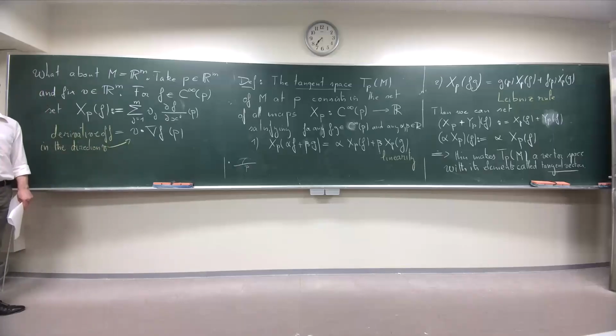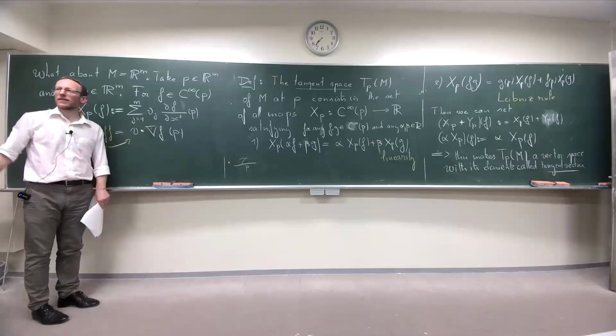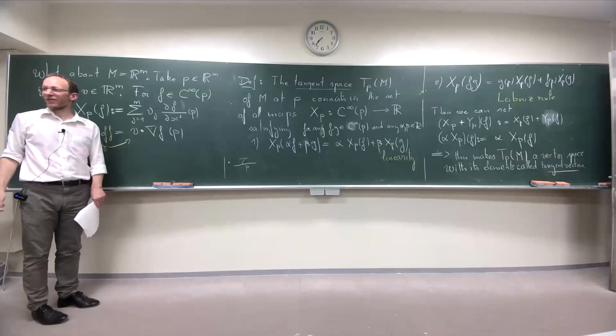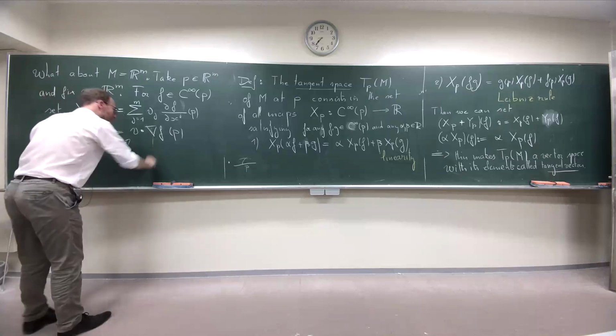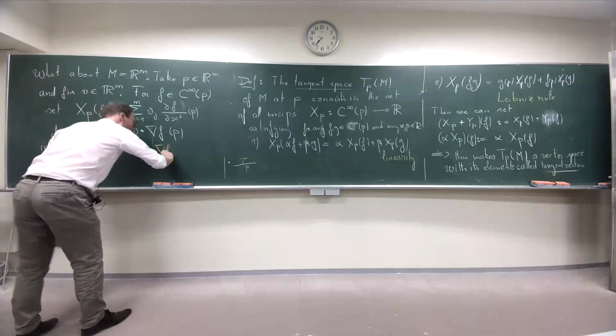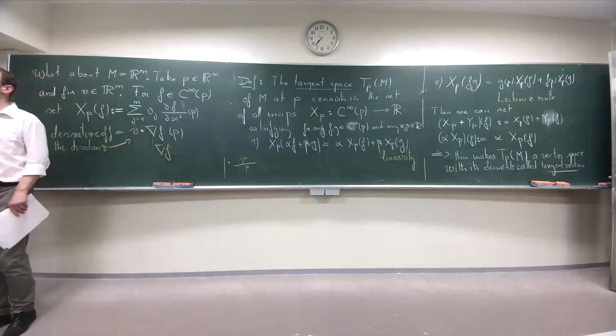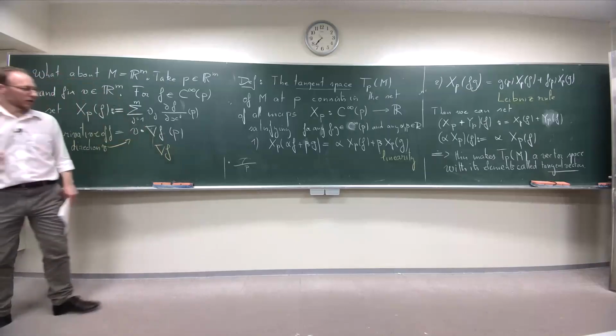Have you seen this already or not yet? Calculus 2. So this gradient, who has never seen the gradient? Okay, what is a gradient? It's rather simple. f is a function of m variables. So you have first variable, second variable, third variable.